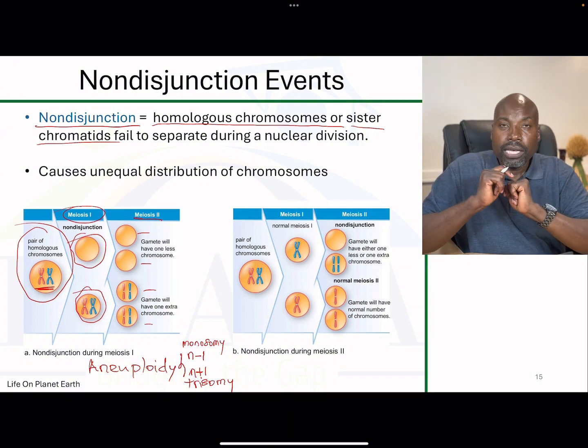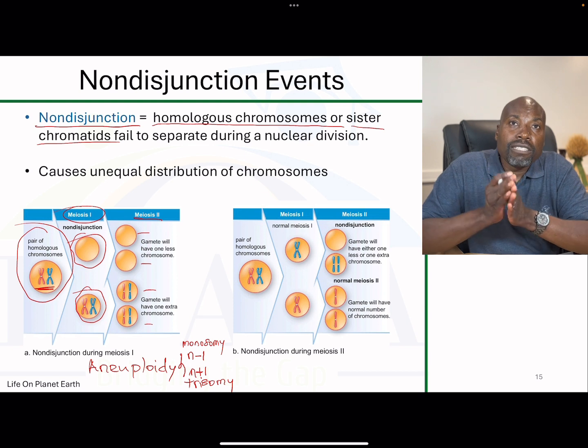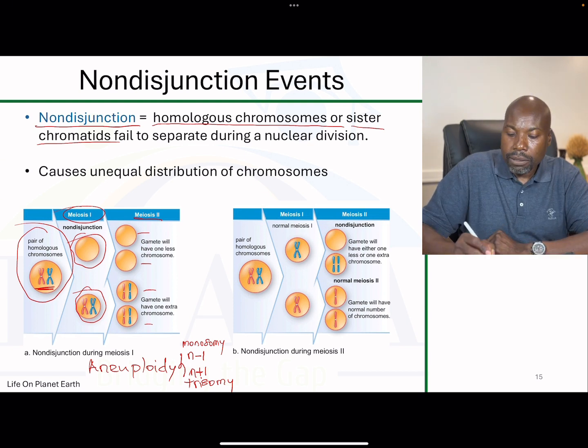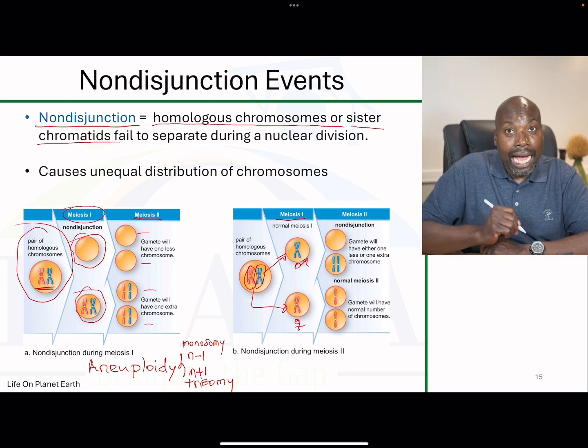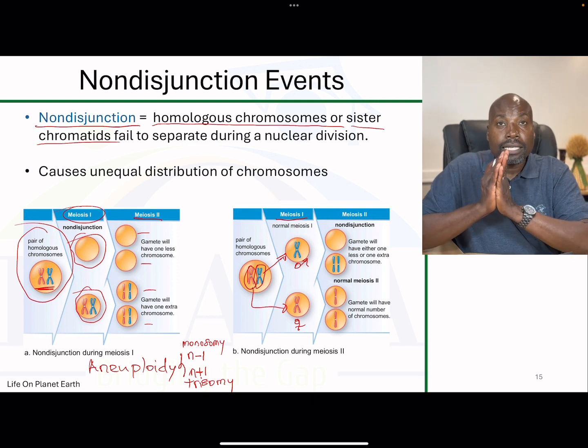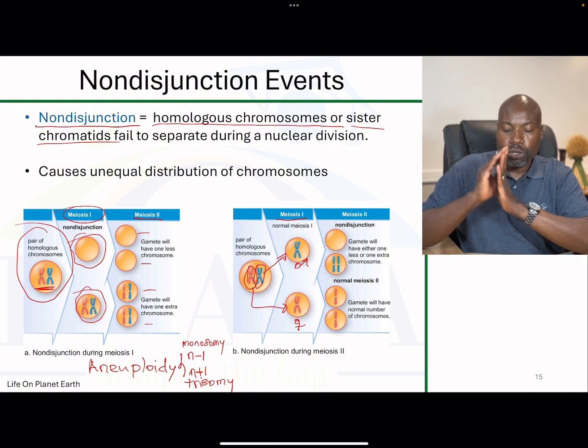Now, if the first division is normal, so meiosis 1 happens normally, this chromosome ends up in one cell and this other chromosome ends up in another cell. One you receive from your dad, and this one you receive from your mom. Now, let's look at non-disjunction occurring during meiosis 2.